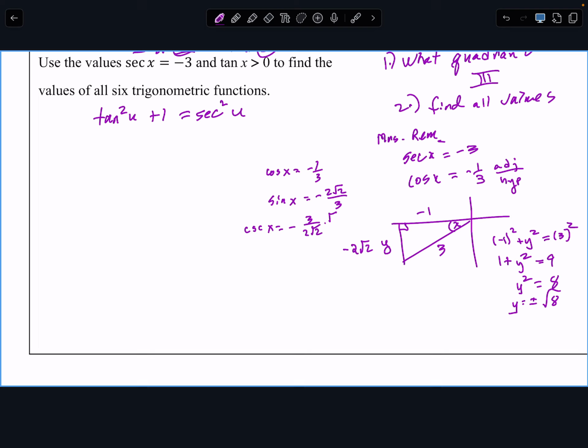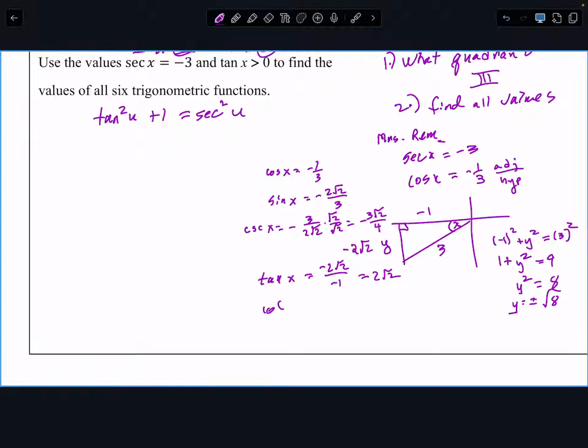And then you need to rationalize that. And tangent is your y over your x, opposite over adjacent.